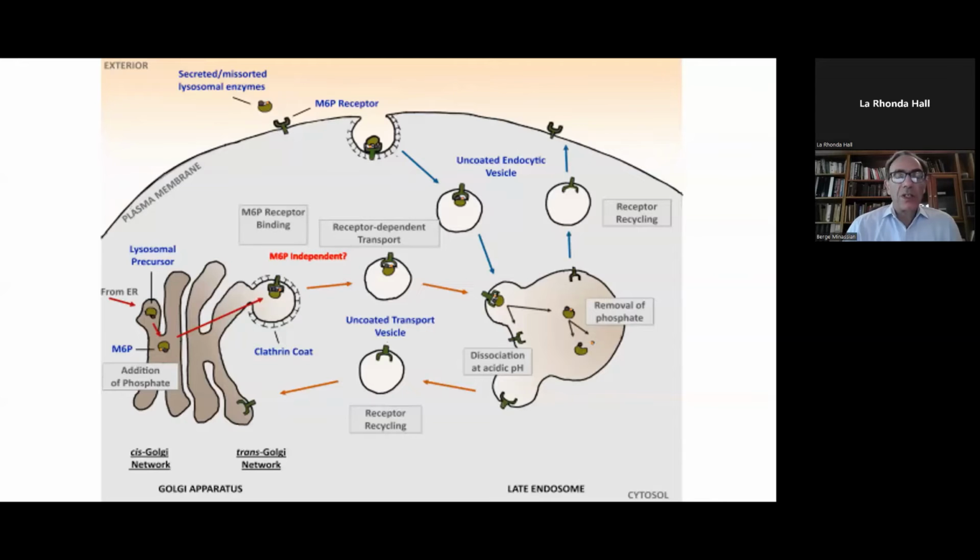Lysosomal disorders benefit from a phenomenon called cross-correction. Let me explain. So a lysosomal soluble enzyme, as it is being made, acquires the mannose-6-phosphate addition to the protein.